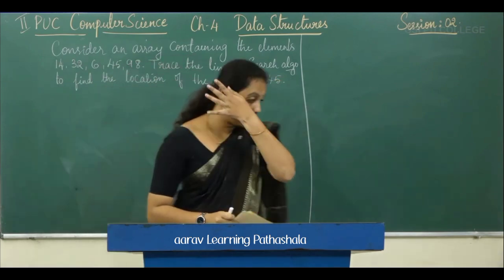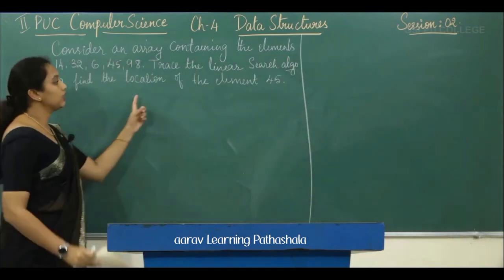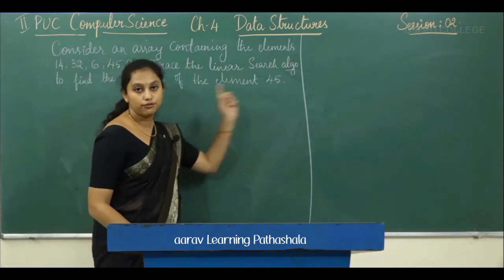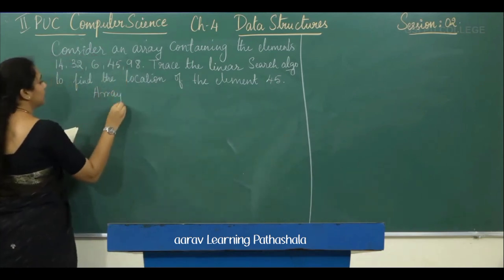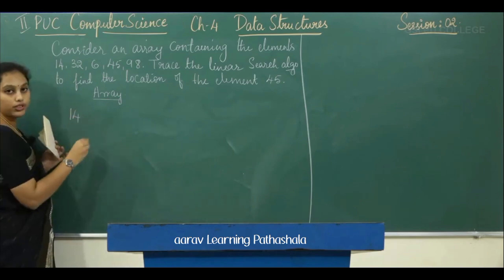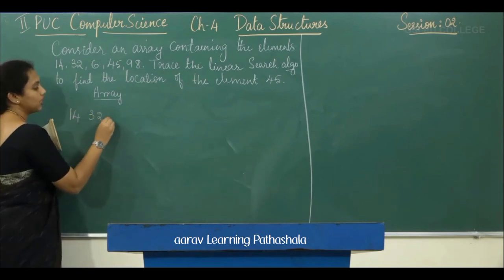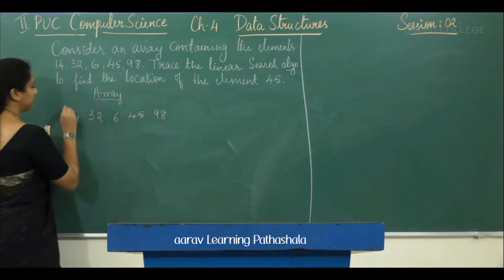So we are going to find the location of the element 45. Our array contains 14, 32, 6, 45 and 98.